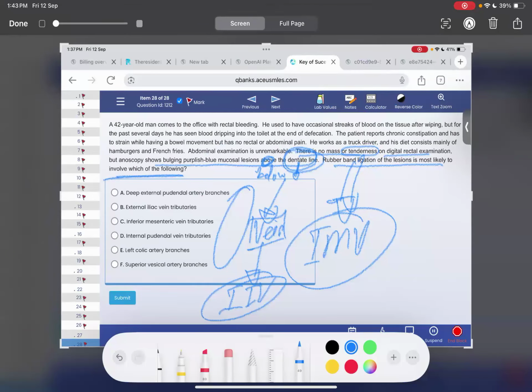One more thing I want to tell you: bleeding while having a bowel movement with no rectal or abdominal pain also gives a hint toward internal hemorrhoids. Have you got the point? Perfect, that's the main point.